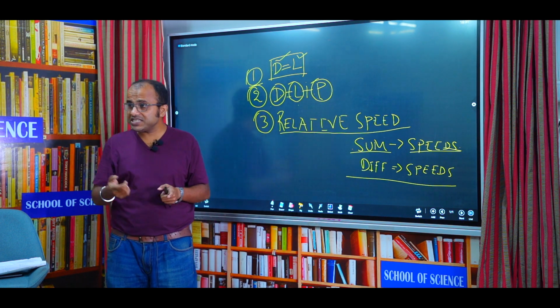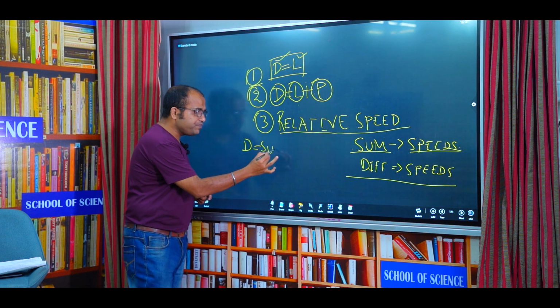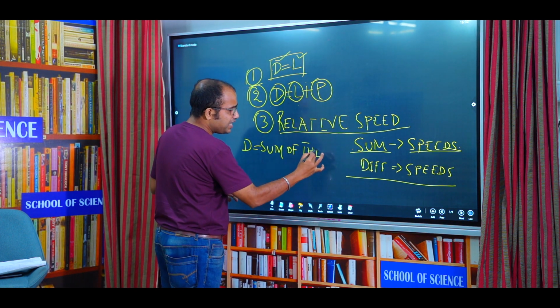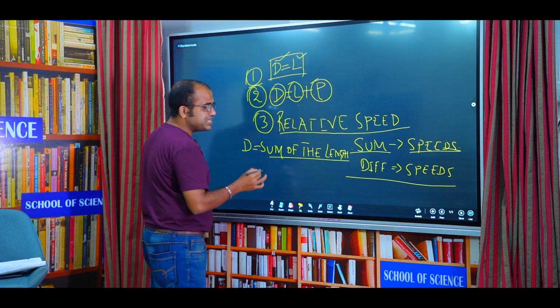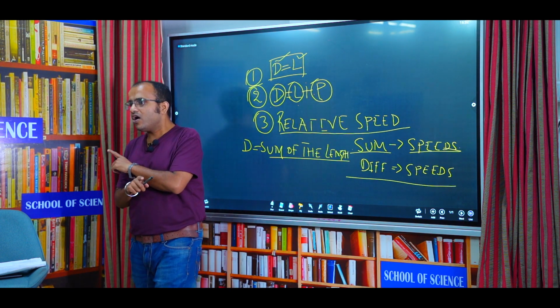And if there is a distance concept, distance is always the sum of the lengths of the trains or anything else. Distance is always a sum; distance is never minus. It does not depend on direction.